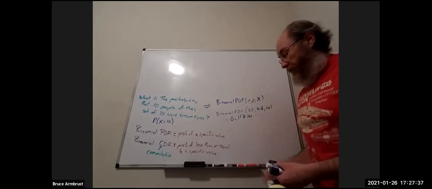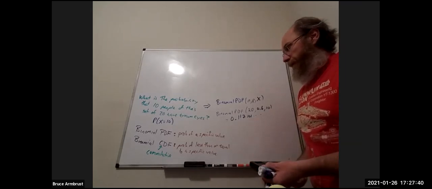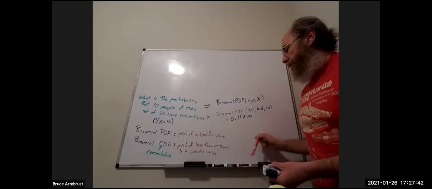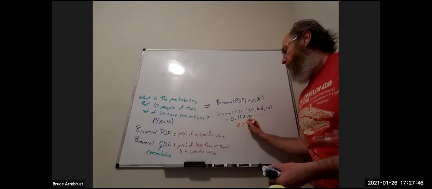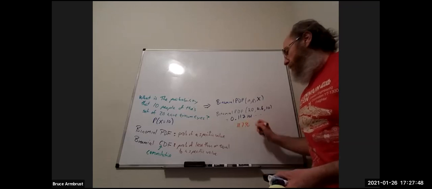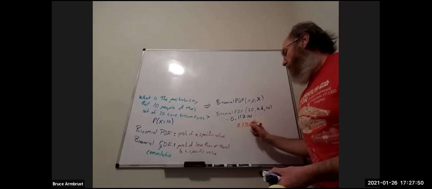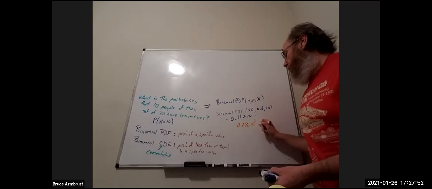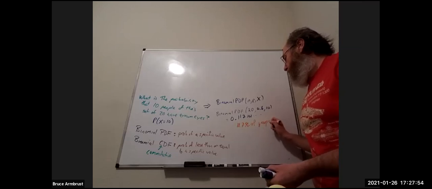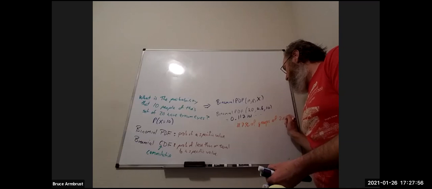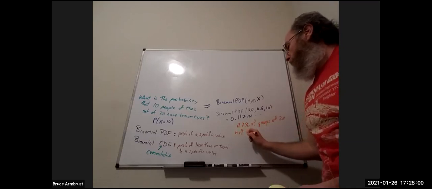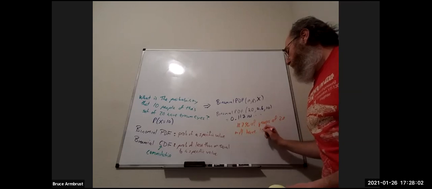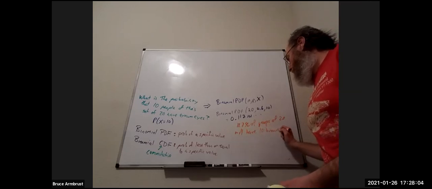All right, but let's interpret this. What does this mean? This means that 11.7% of the time, so 11.7% of groups of 20 will have 10 brown-eyed people.